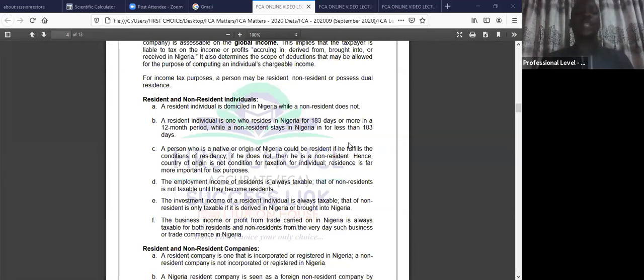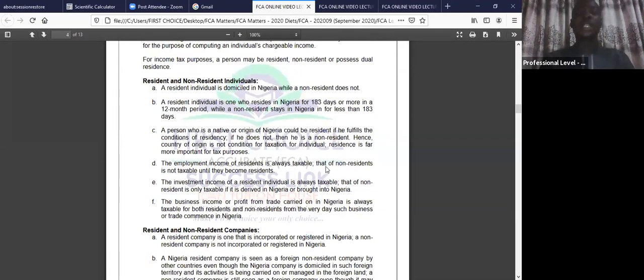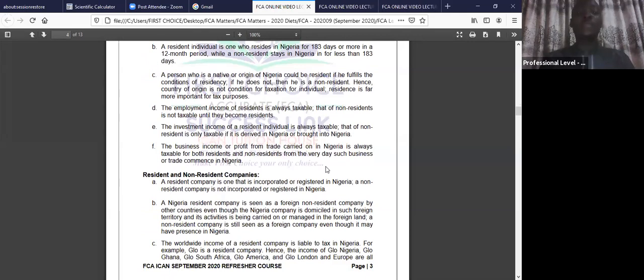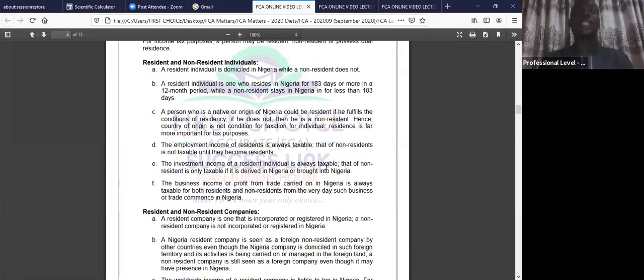Another thing that makes a person a resident is if you are representing Nigeria in another country. Let's say you are an ambassador of Nigeria to the United States.